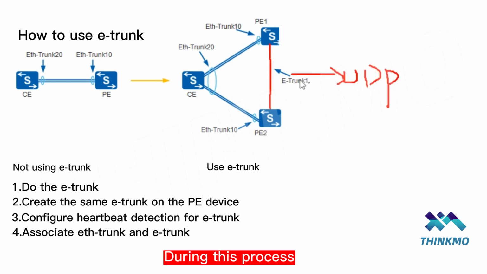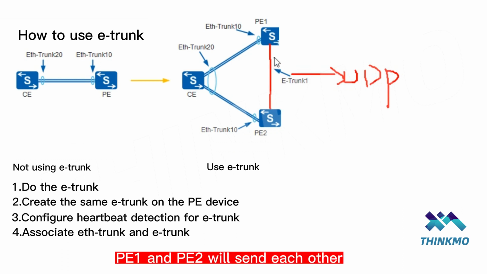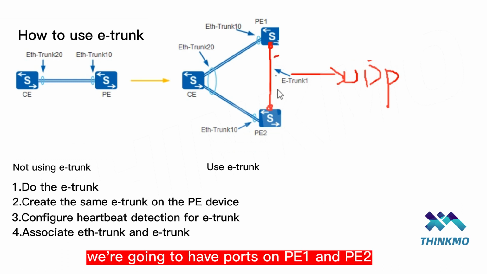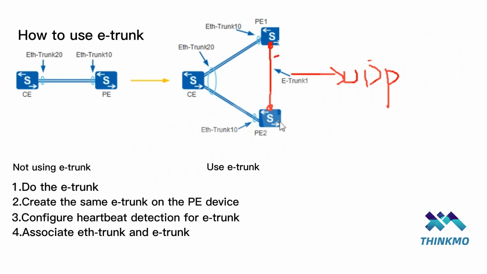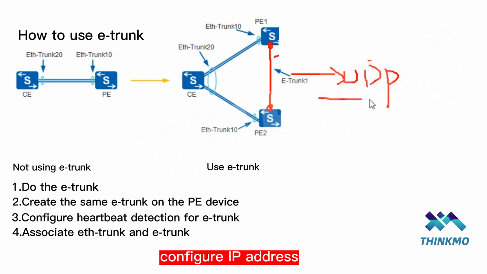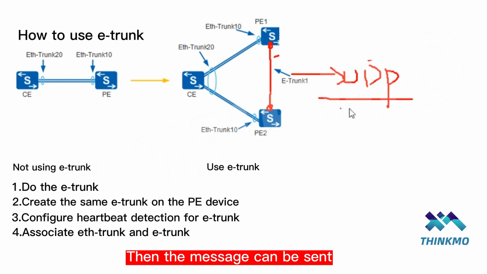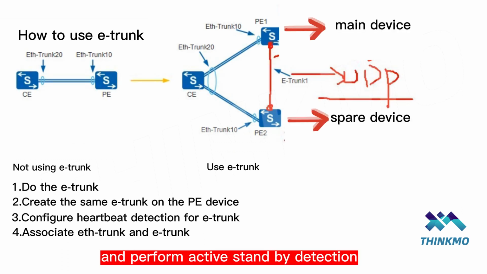During this process, P1 and P2 will send each other UDP-based messages. Since we mentioned UDP, everyone should know this line is a layer-3 line. Since a layer-3 line is involved, we need to configure IP addresses on the ports of P1 and P2 to communicate between them. Then the messages can be sent and active/standby detection performed.